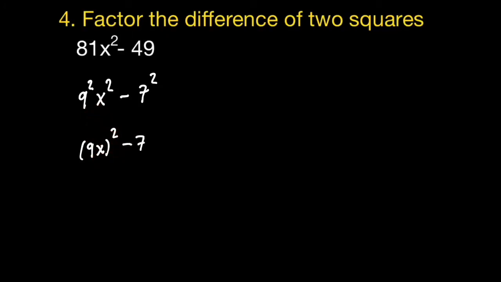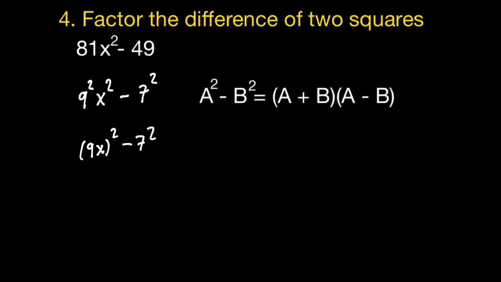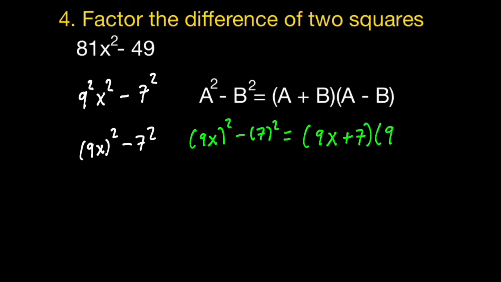And we can see that now we have the difference of squares form. We have the form a squared minus b squared equals a plus b, a minus b. So using this as an outline, we can see that we are going to factor this out as 9x plus 7 multiplied by 9x minus 7.